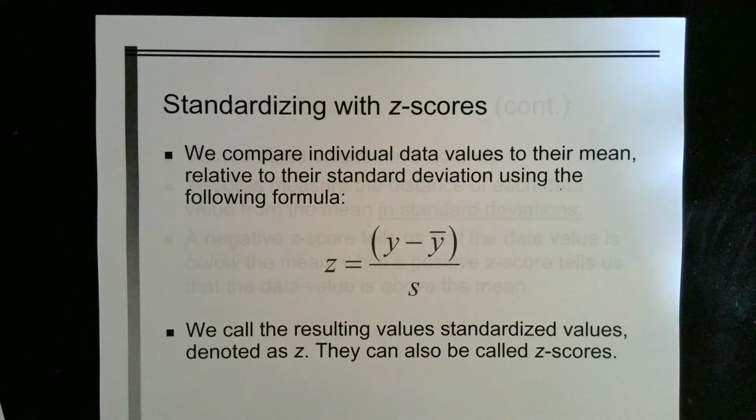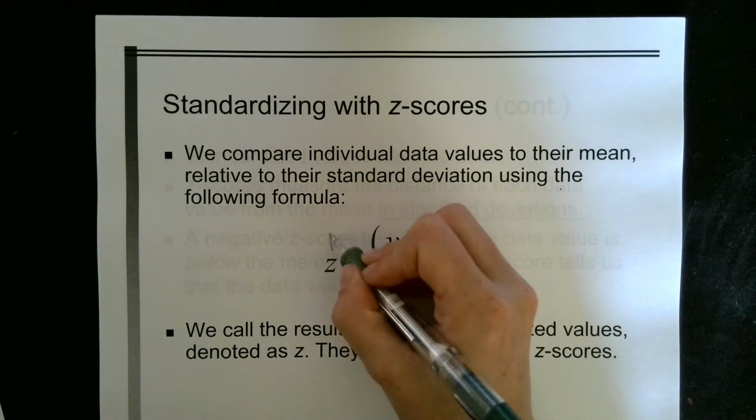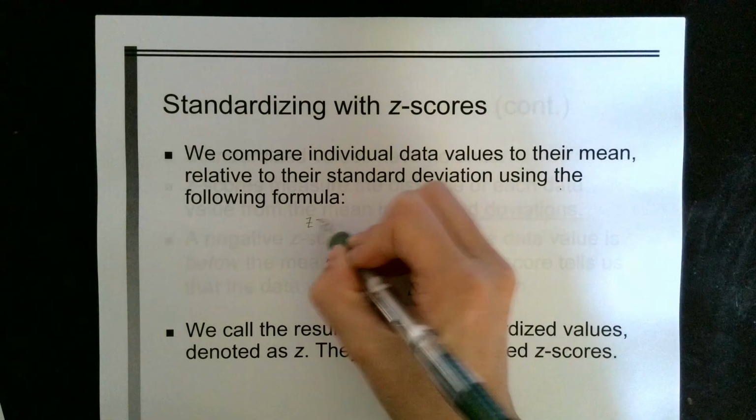When we want to compare an individual data value to their mean in relation to the standard deviation, we're going to use the following formula. So it says z equals y minus y bar over s. I want to go through and just talk about what each of these variables mean in your formula. So this z here is representing your z-score.